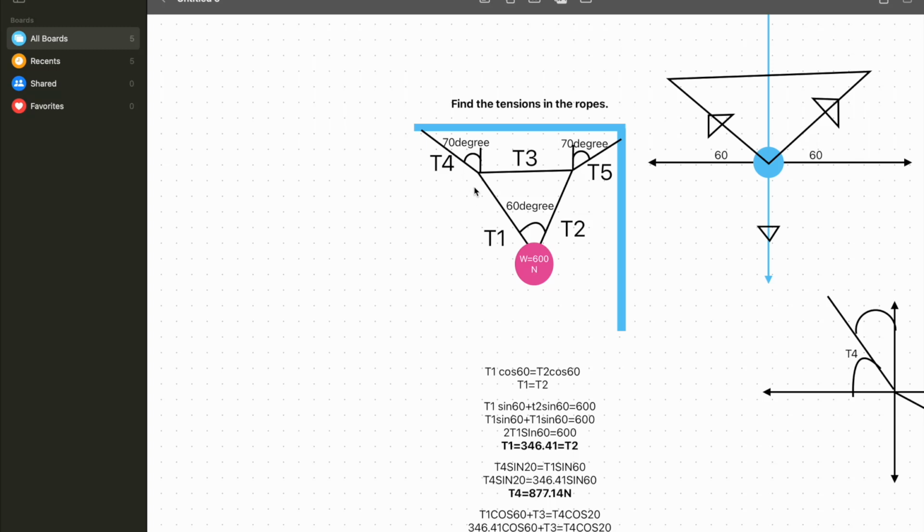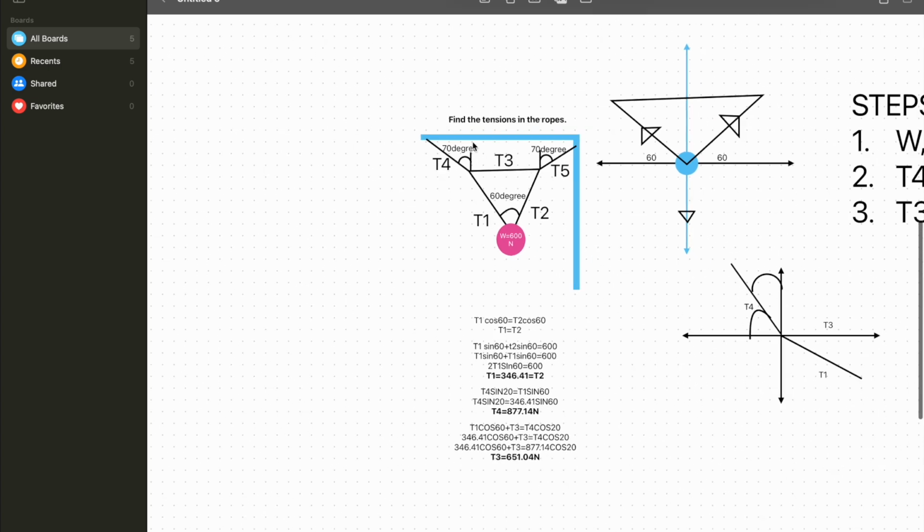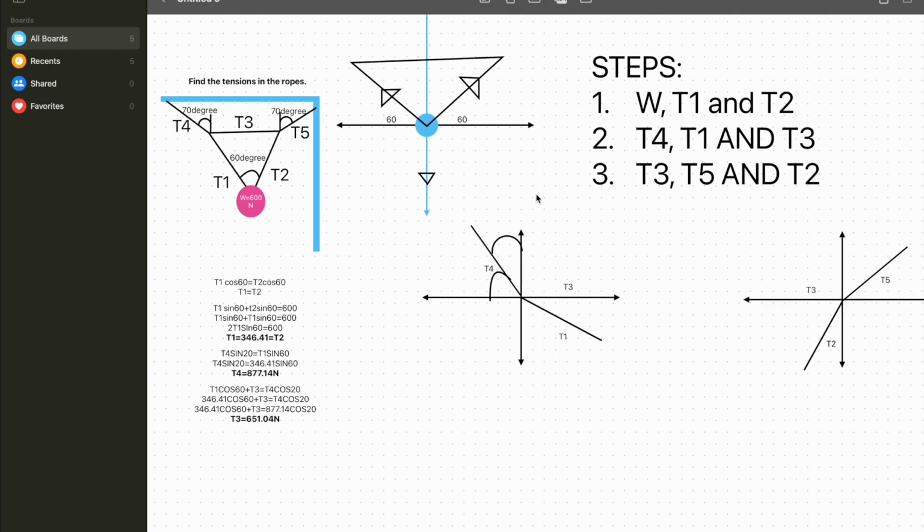For T4 it is the same, for T5 it's also the same, and T3 is common between both of the tensions. So if T4 equals something, T5 is also equal to that magnitude. So T4 is equal to T5. We can prove that actually.